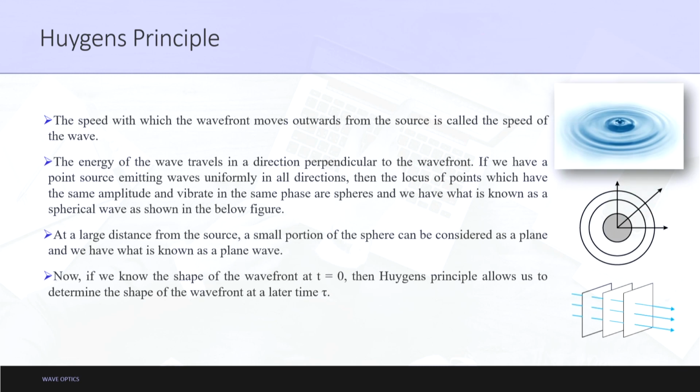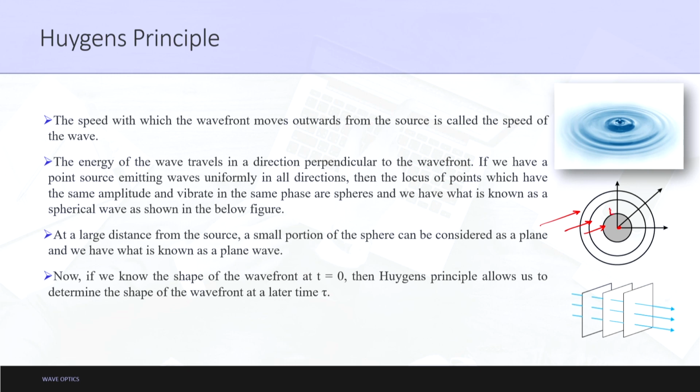Let us move on. On the right hand side, you can also see a typical diagram of a wavefront. This is the source, and these concentric circles are different wavefronts. As time goes on, the radius of the circle increases.